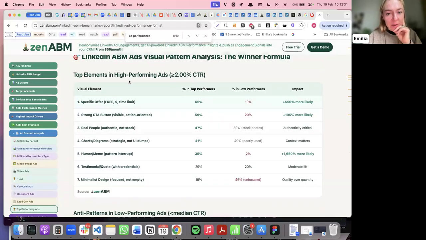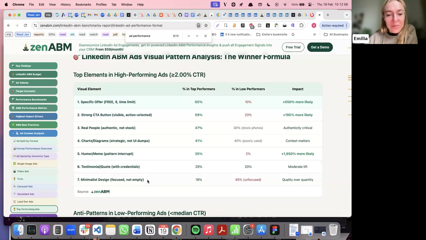Top elements in high performing ads: a specific offer, a strong CTA button, real people, not stock photos, chart diagrams, strategic ones, not just UI that doesn't really show anything. Using humor and memes, also some customer testimonials.